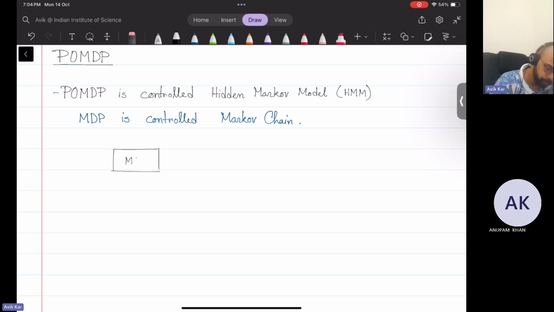It has a current state, say X_t or X_k, and we cannot observe the state.